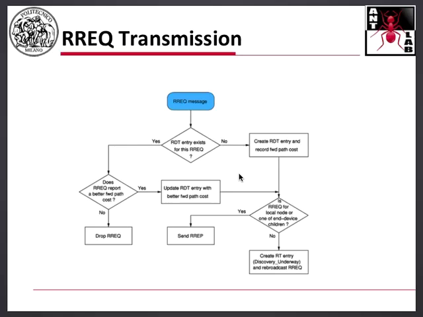If not, it means that the route request has not reached an end, which means that the route request must be rebroadcasted, okay. And before rebroadcasting, the current node has to create a new entry in the routing table, okay, labeling this entry as discovery underway, which is specific for the destination of the route request message.